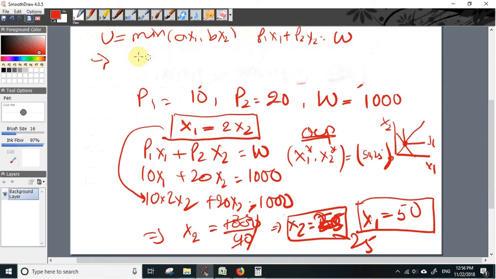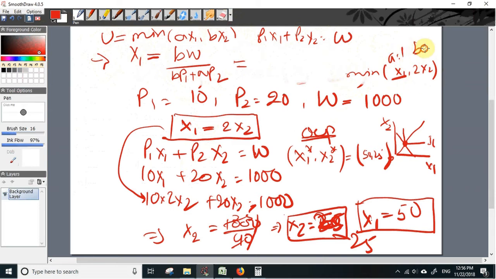We had derived that the optimal quantity purchase of the first commodity is given by b times w over b times p1 plus a times p2. By substituting the values, our utility function was minimum of x1, 2x2, so the value of a is 1 and the value of b is 2.